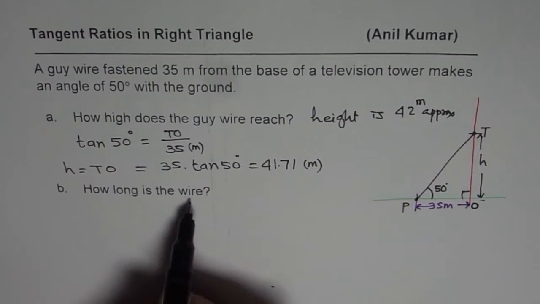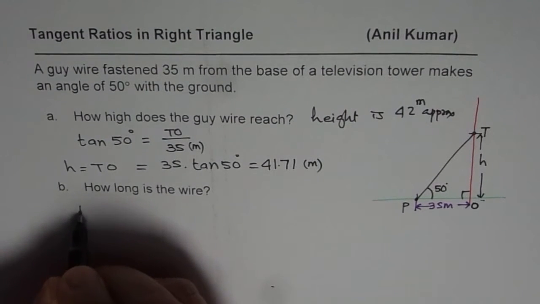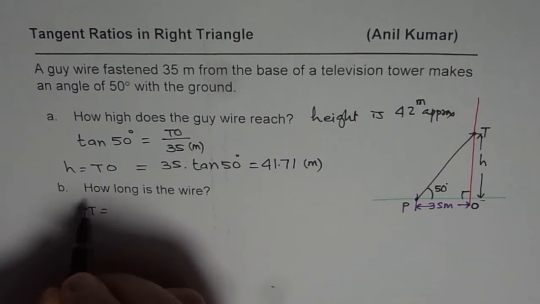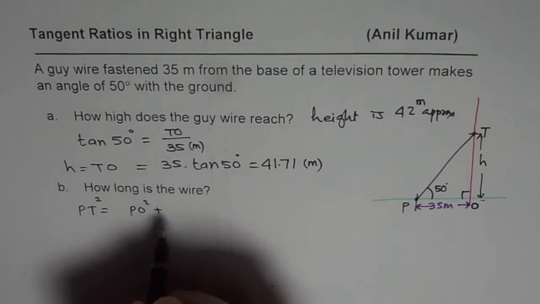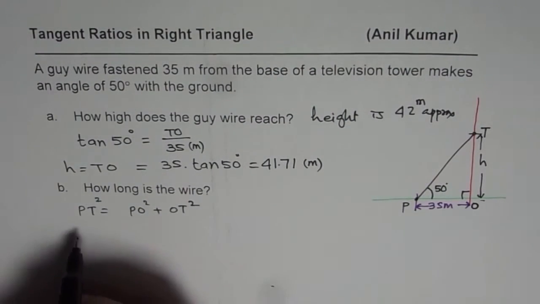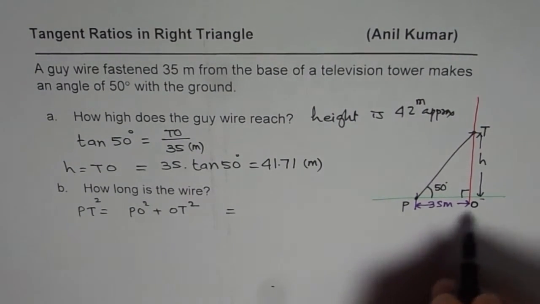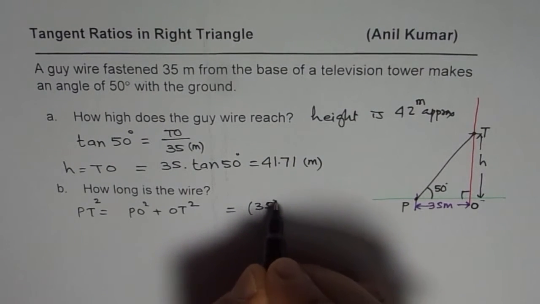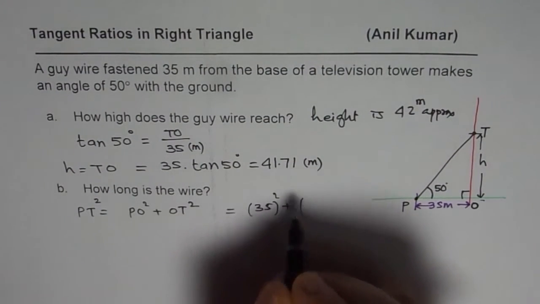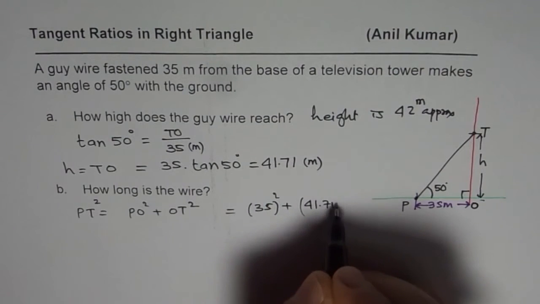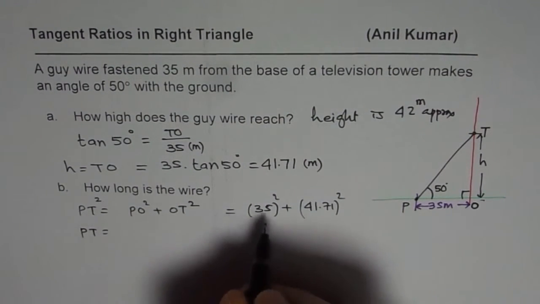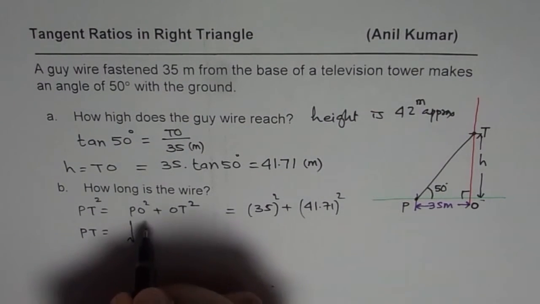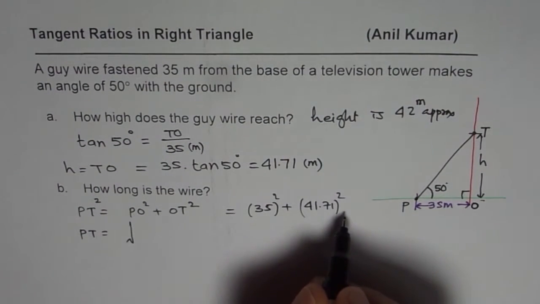So to find the length of the wire, which in this case is PT, we can say PT square is equal to PO square plus OT square, correct? So PO is 35 square plus, let's use two decimal places, 41.71 square. Now we can find PT by taking the square root of this, and you have to take positive values, correct?